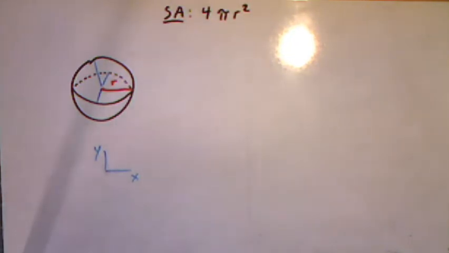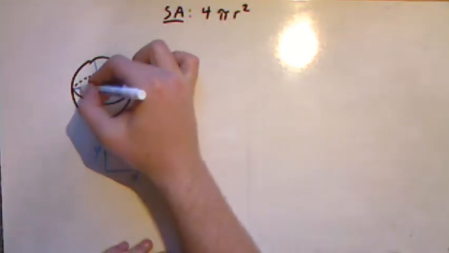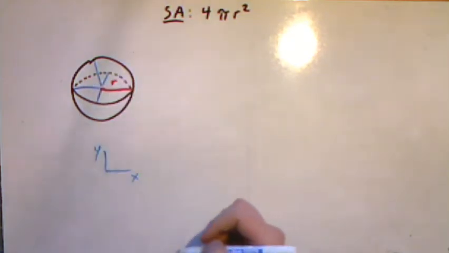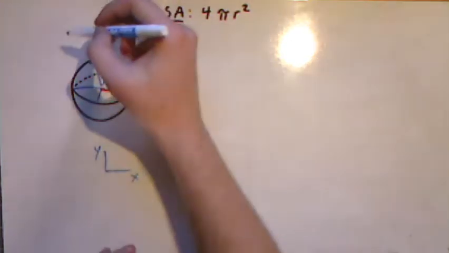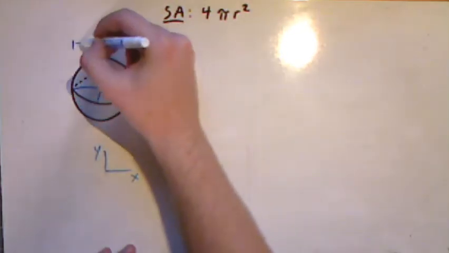So this is why our radius becomes our most important dimension, because if we were to just double it and continue our line straight to the other side, we do get our diameter, but it's just 2 radiuses put together.